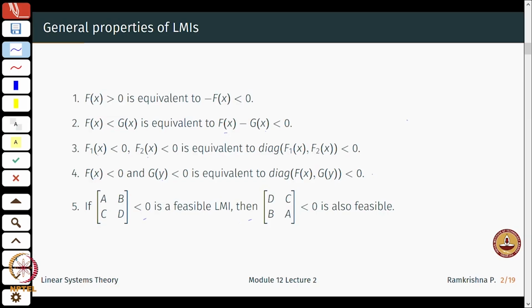You could just check by pre and post multiplying in this way: A, B, C, D with 0, I and 0. These two matrices would have some kind of equivalence relation, as we talked about in lecture 1 while we were deriving Schur complements.